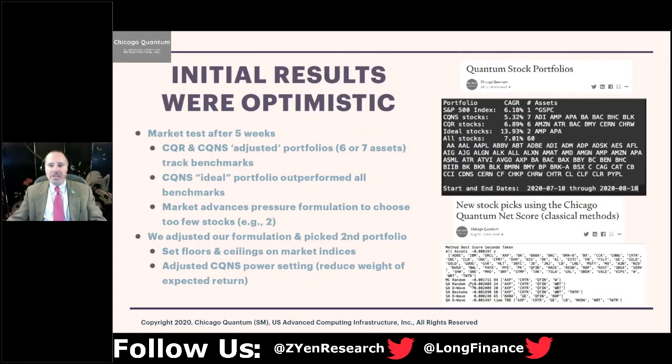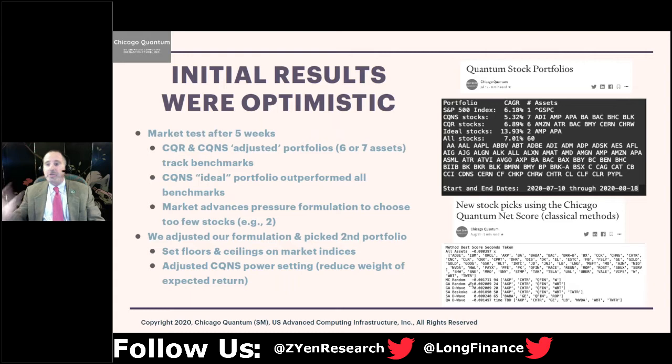So initially, our results were very optimistic. If you see in the upper right, we published a couple of portfolios, a Chicago Quantum Net Score, which is the one you saw, which is expected return to a power subtracted from variance. We also have a Chicago Quantum Ratio, which is the Sharpe Ratio, but without all the nominal terms.